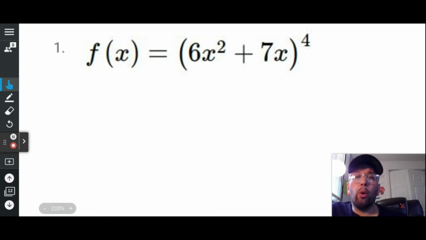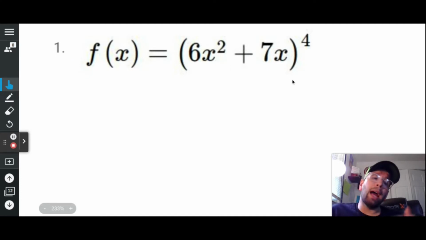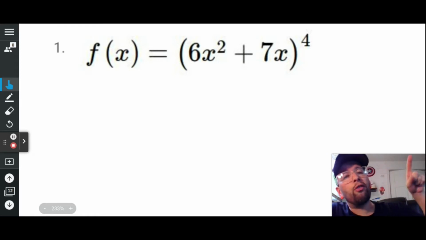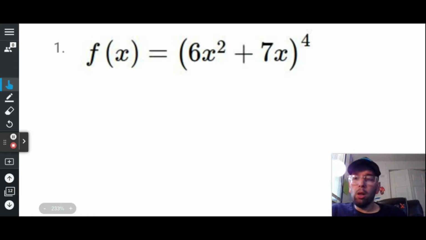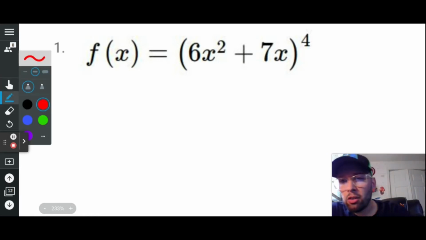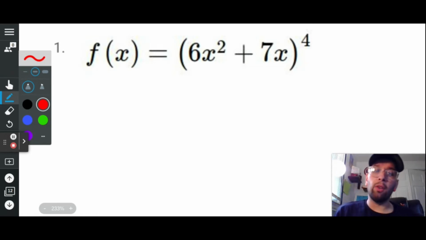I could FOIL that 4 times and it would be an absolute nightmare. Or I can realize, wait a minute, that's kind of like x to the 4th, but instead of x, I have a bunch of stuff. Chain rule. So my inside stuff is 6x squared plus 7x. My outside stuff is to the 4th. So to take the derivative of the outside stuff means to take the derivative of to the 4th.